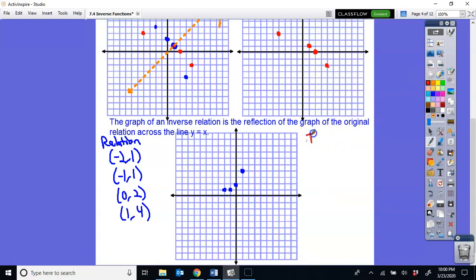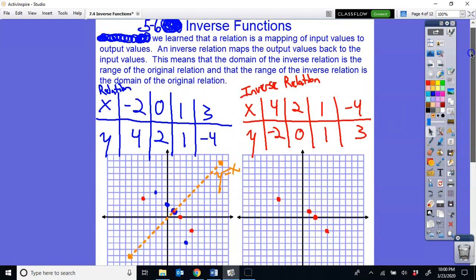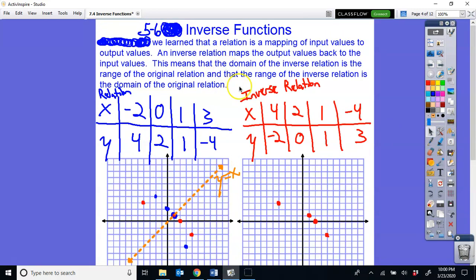Now I'm going to find the inverse relation. Now what did we figure out up here? What did we notice? To find the inverse relation, it maps the output values back to the input values.